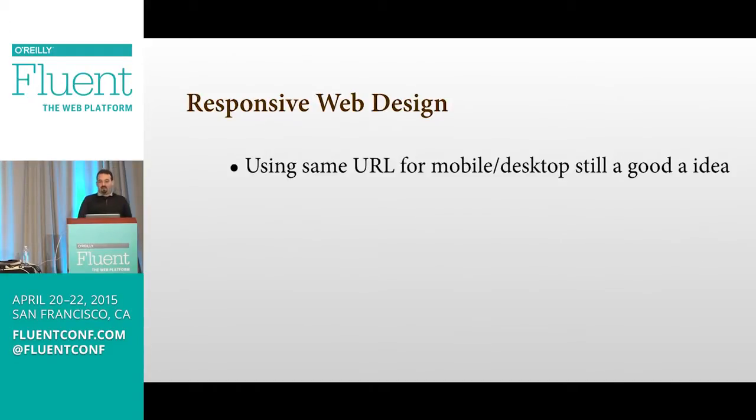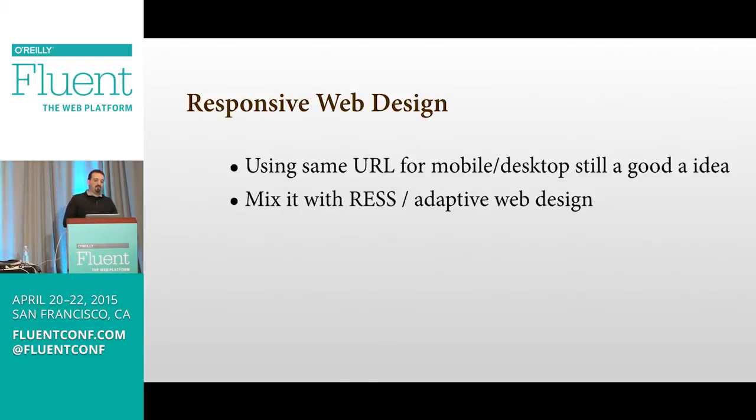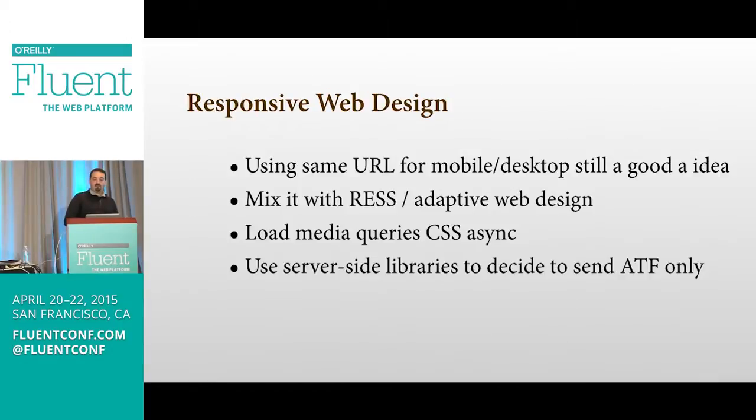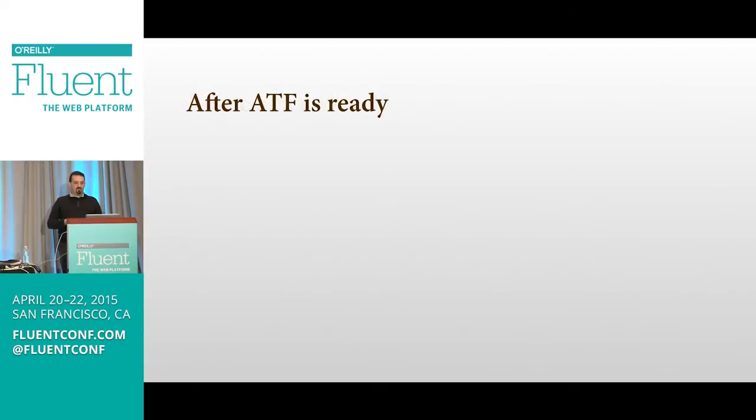So using the same URL is a good idea. You can mix this with other techniques, like REST, adaptive web design. You can load media queries asynchronously. Or you can use server-side libraries to split your responsive web design. There are a lot of libraries to do this. You have the links if you want to get more information.